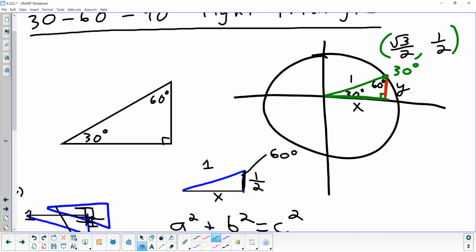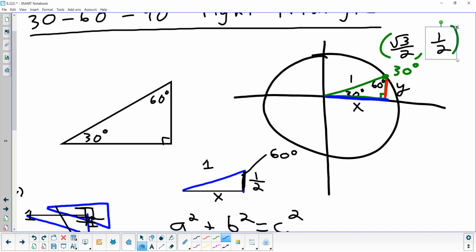So 1/2 is a smaller number than root 3 over 2. 1/2 is always the shorter side because it's smaller. So in this case, that's the red. The bottom side, the base that's in blue, that's the long side. And the long side in the 30, 60, 90 is always root 3 over 2. The hypotenuse is always 1, but that doesn't help.